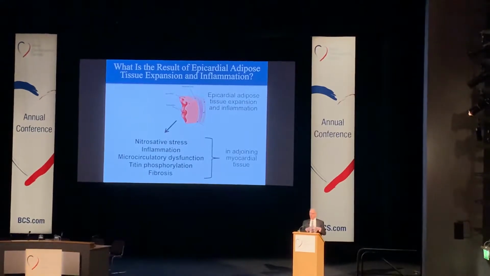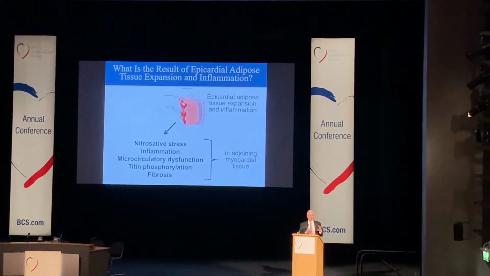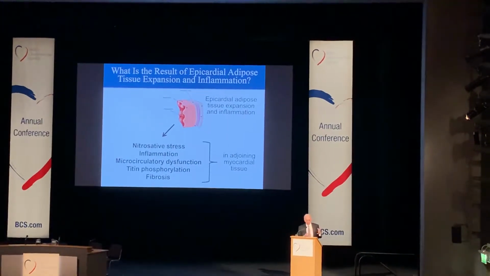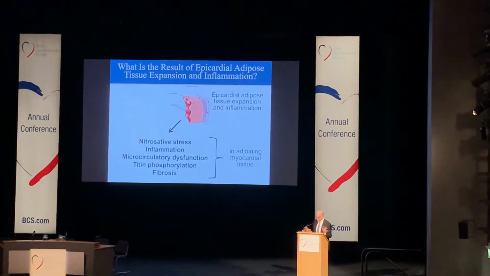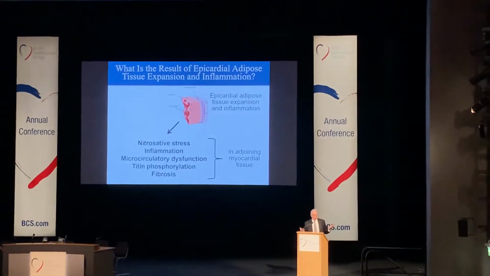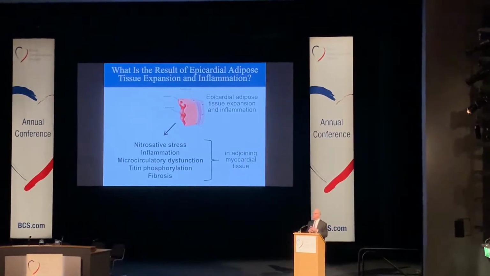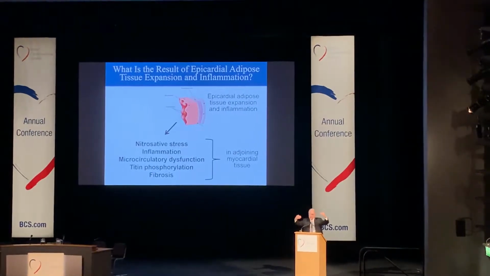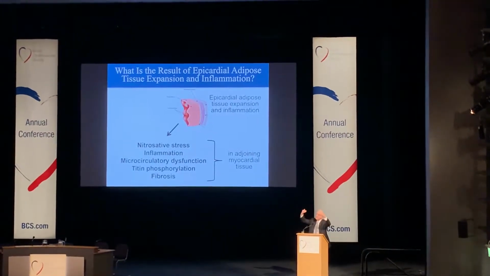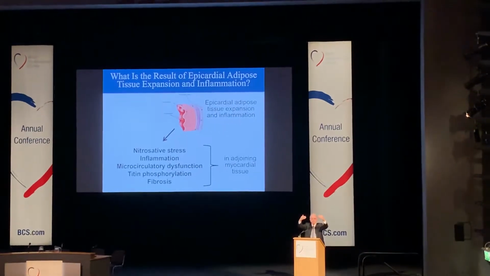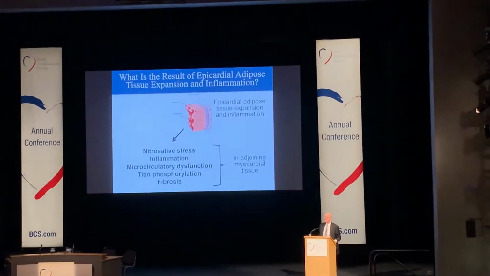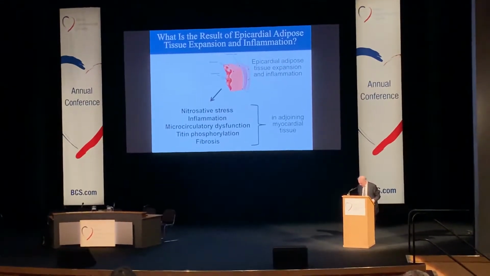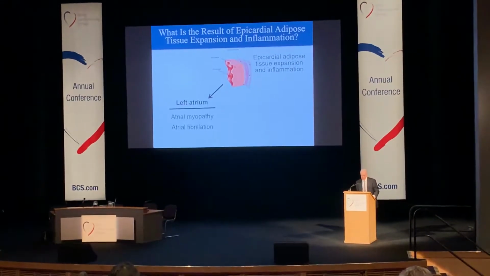And these cause a variety of stresses: nitrosative stress, inflammation, microcirculatory dysfunction, phosphorylation of titin, fibrosis, all as a mechanism by which the epicardium, when it's activated, transmits its dysfunction to the underlying myocardium.